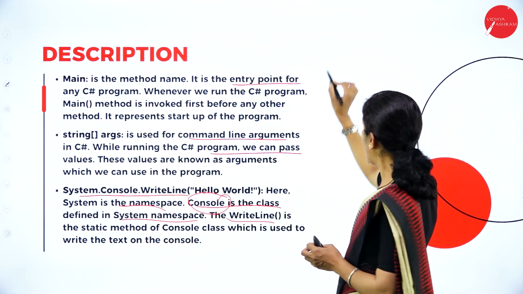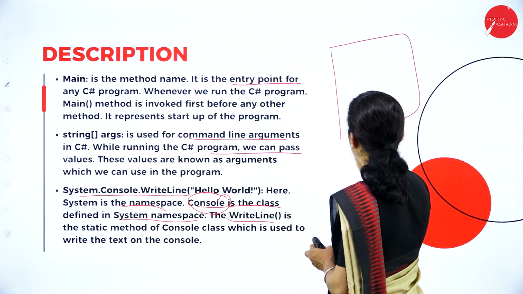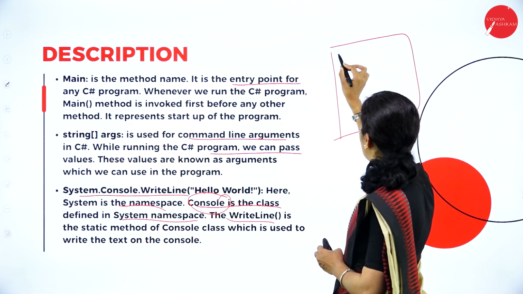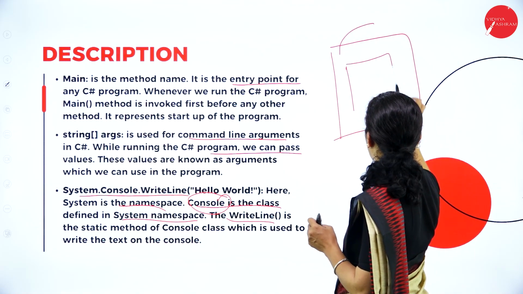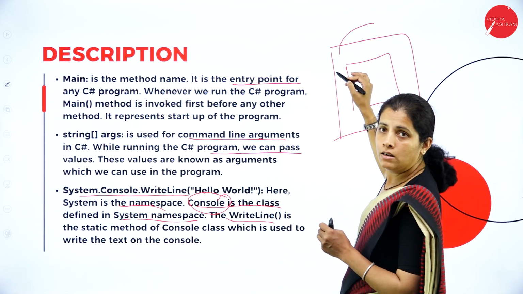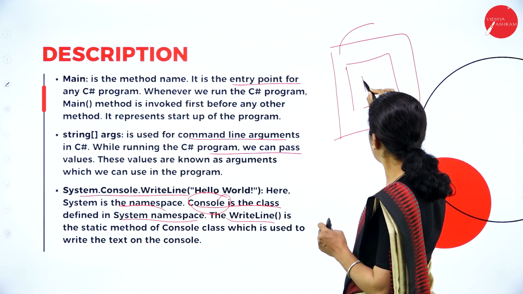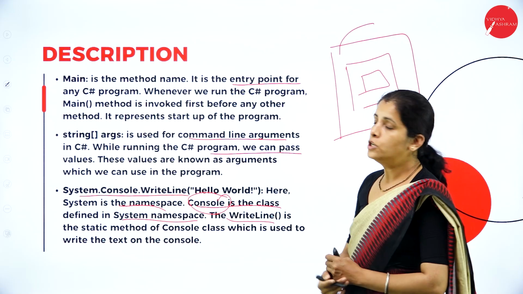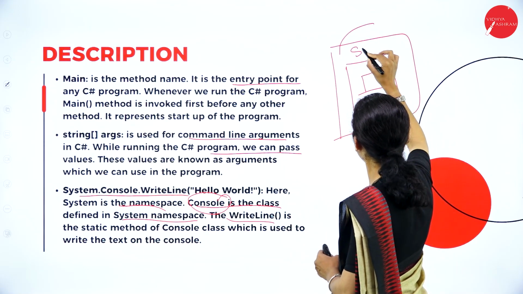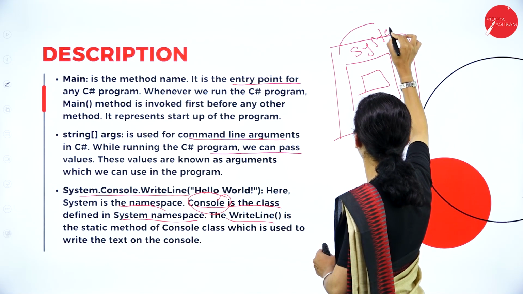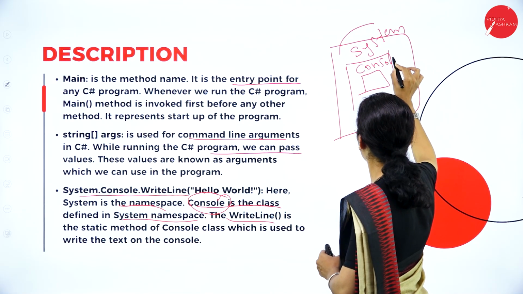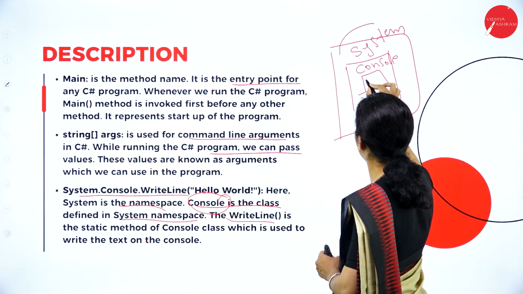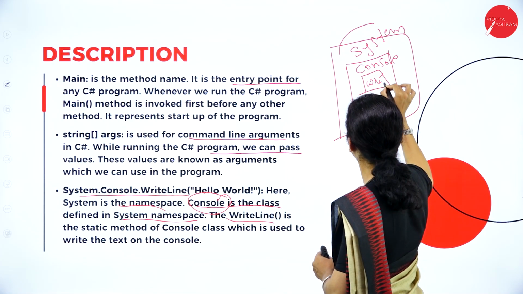Think that I have a bag. When I open the bag, inside I have a small bag. And when I open that small bag, inside that I have another small bag. So the outer bag is nothing but my System, the inner bag is nothing but my Console, and the smallest bag is nothing but WriteLine.